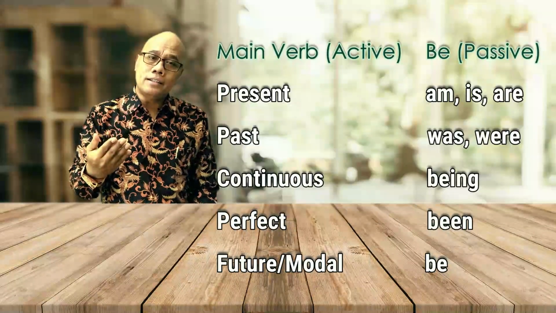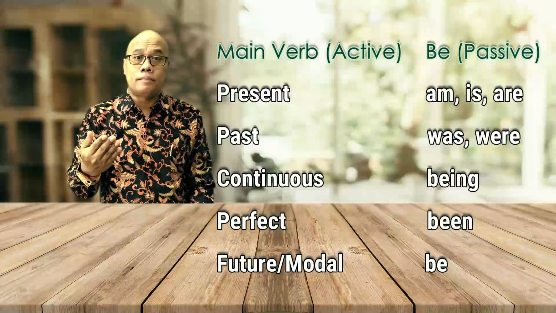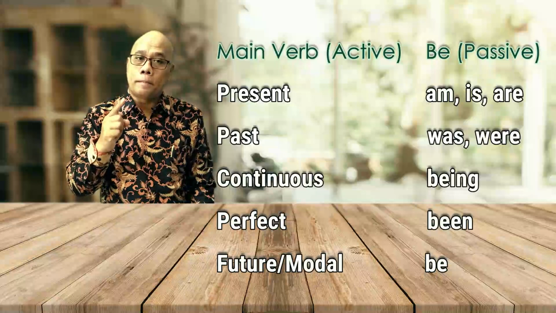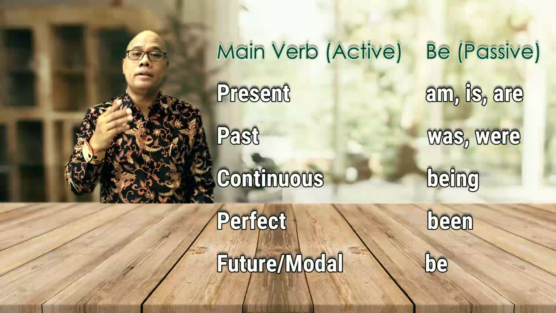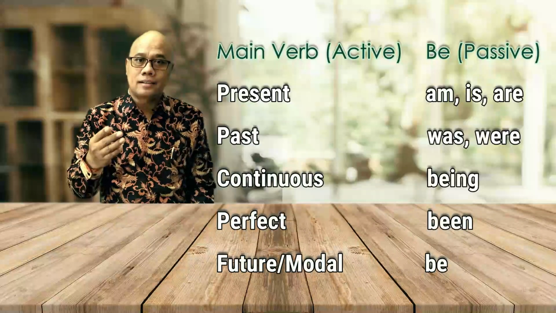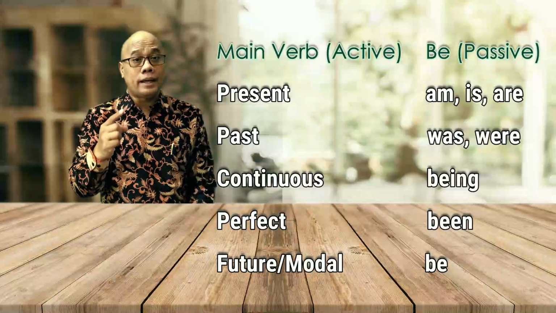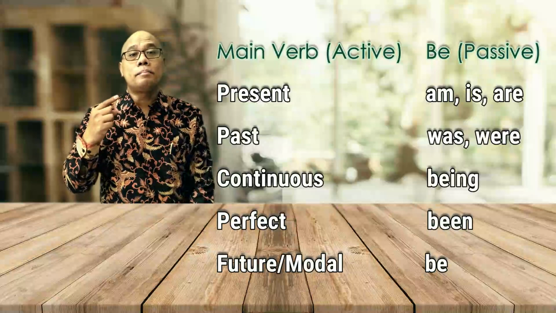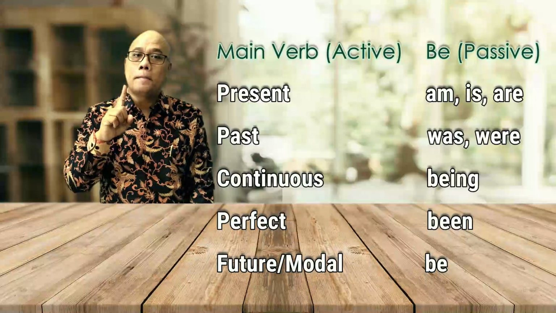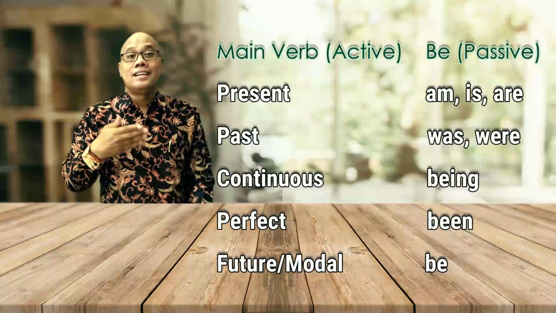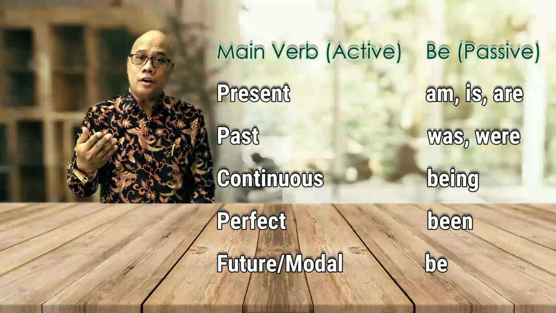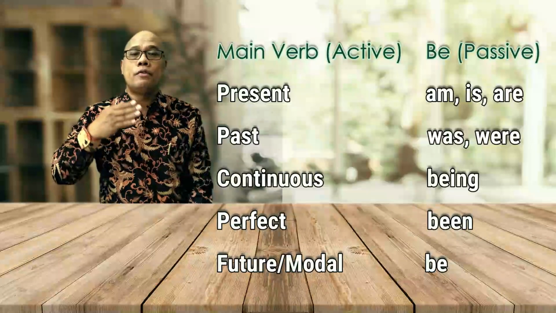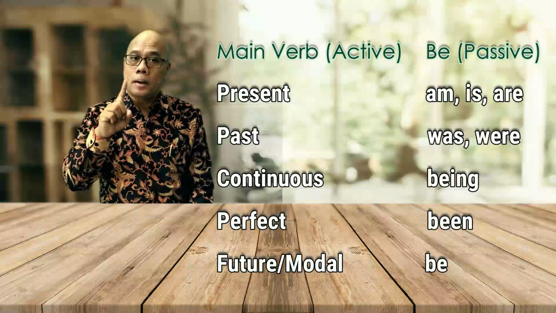If the verb tense is in continuous form or continuous tense, so the be in passive voice will be being. If the verb tense is in perfect, then the passive be will be been.